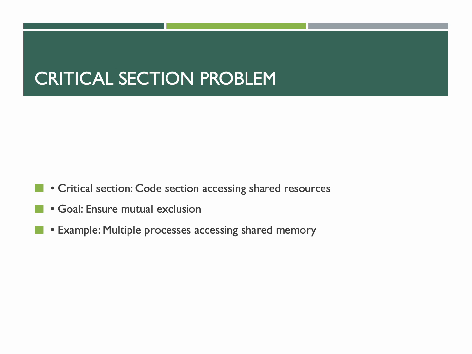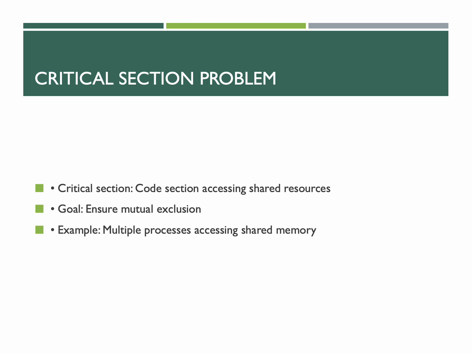Second, the goal: ensuring mutual exclusion. The primary objective of solving the critical section problem is to ensure mutual exclusion, meaning that only one process can be in the critical section at a time.